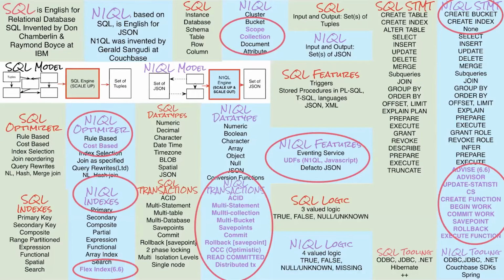We have introduced the cost-based optimizer, extended the functionality in GSI indexes to support the new collections, the flex index to improve the performance of your queries, and new features like user-defined functions, both Nickel and JavaScript, the index advisor, as well as transactional support in Nickel. So let's get into the details.